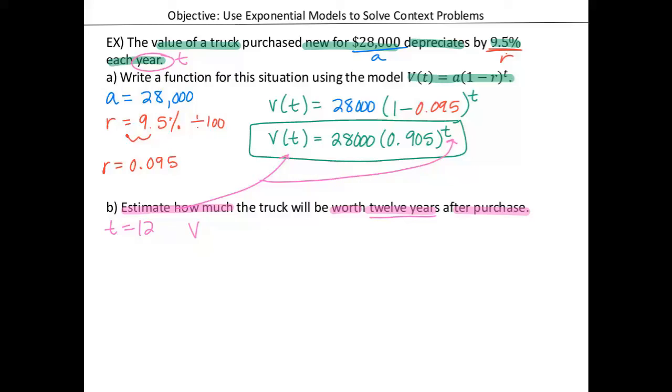So I have V of 12 is going to equal 28,000 times 0.905 to the 12th power. And you're going to just plug that in the calculator just like we've been doing. So 28,000 parentheses 0.905 to the caret key 12th power, and then press equals.